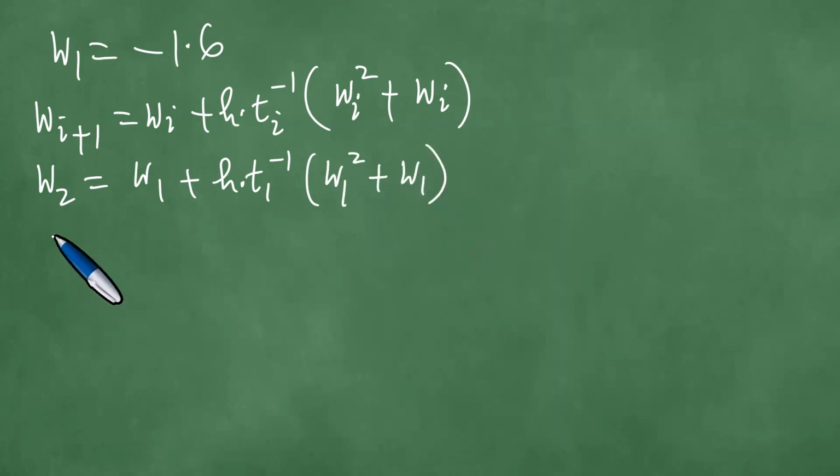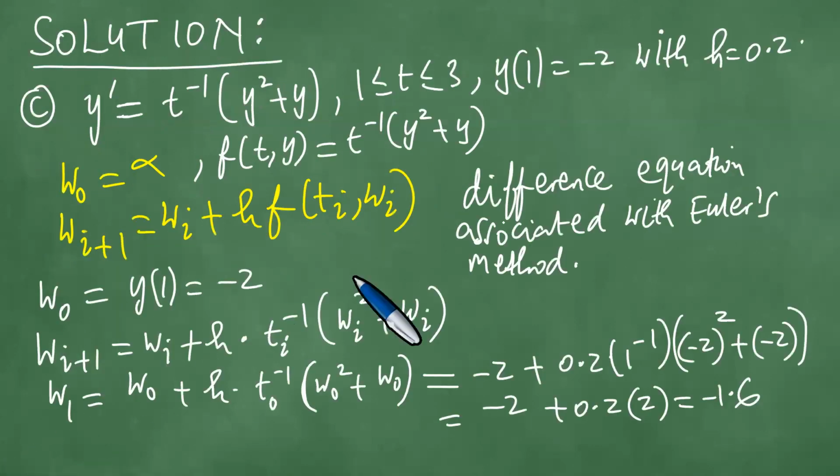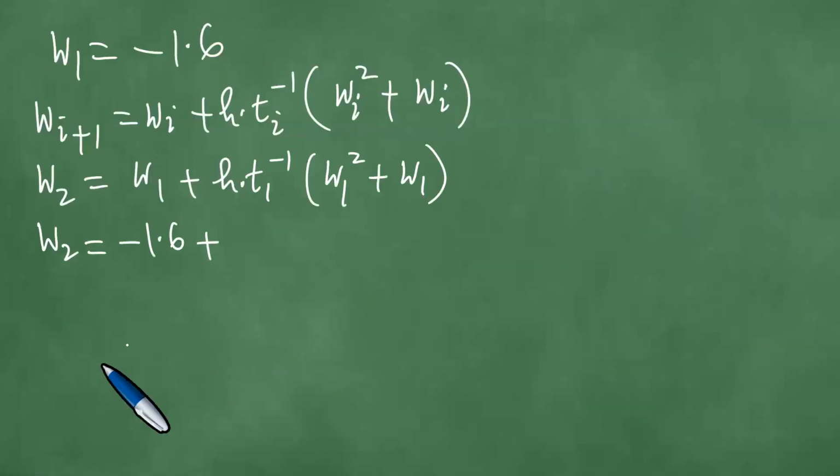So what is W1? It's minus 1.6. What is H? 0.2 in this question. And then T1: we saw that T0 was 1, so you add 0.2, so it's 1.2.